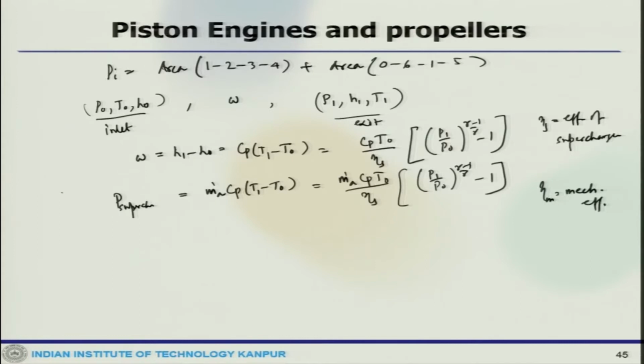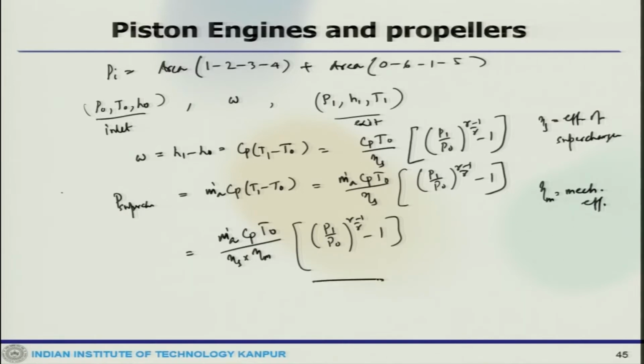Then what we get is m dot A Cp T naught by (eta s into eta m) times ((P1 by P naught) to the power (gamma minus 1) by gamma minus 1). So, this is how you do the supercharger calculation. That covers the piston based engine, or rather reciprocating engine.